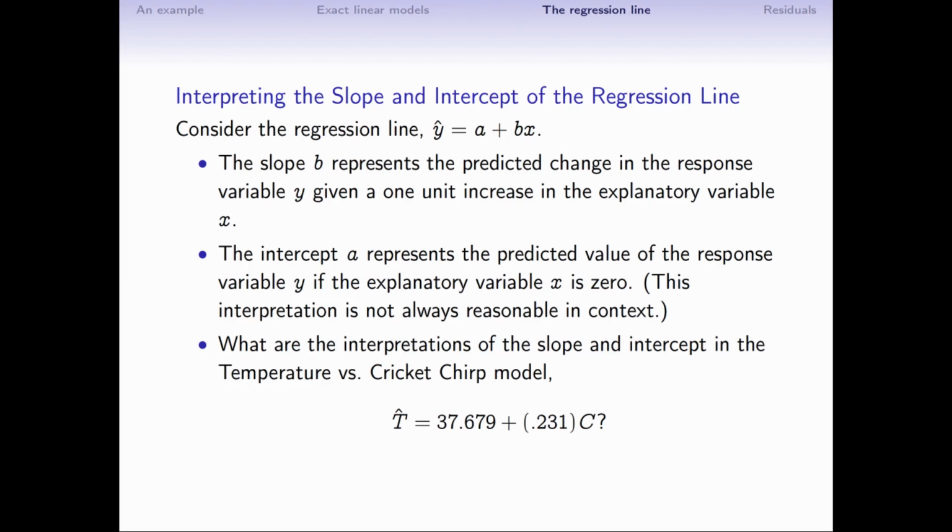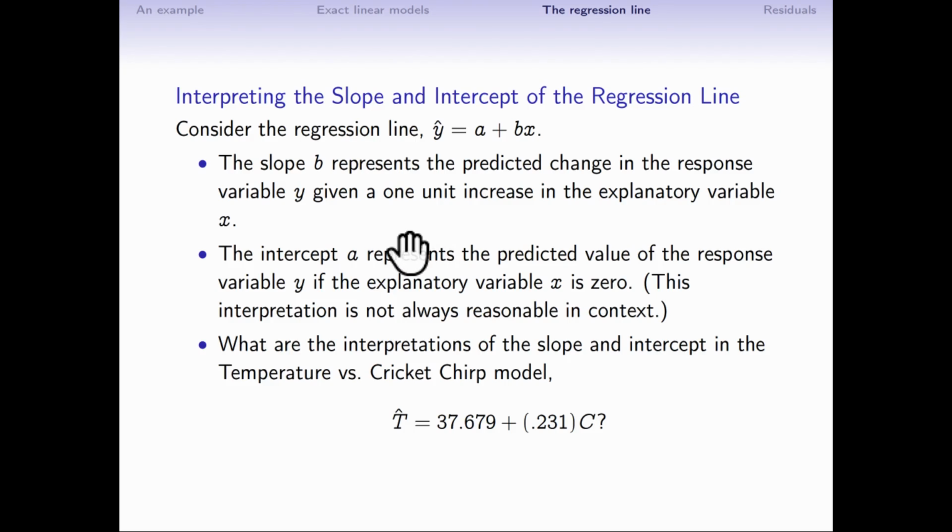So consider the regression line y hat equals a plus bx. So x is our explanatory variable, and we're using x to make predictions for a variable called y, and we're calling those predicted outputs y hat. Okay.